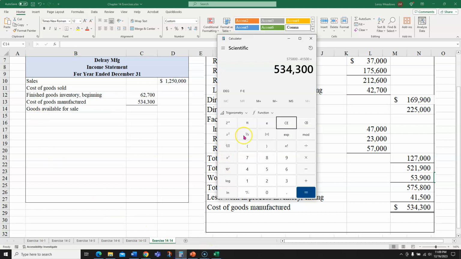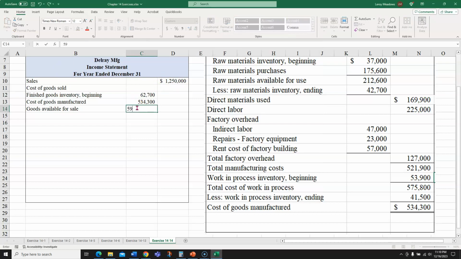And that will be my cost of goods manufactured plus my beginning inventory of finished goods, 62,700. And I should have goods available for sale of $597,000.